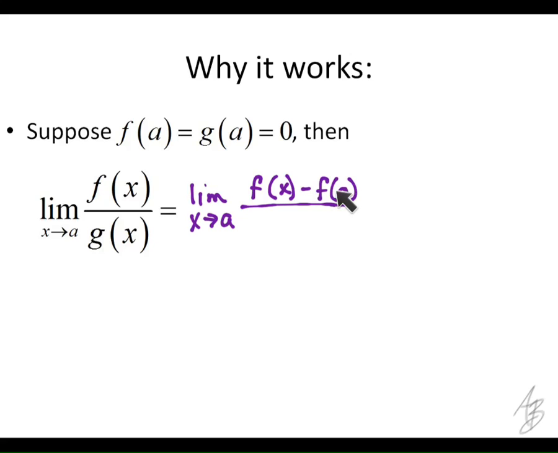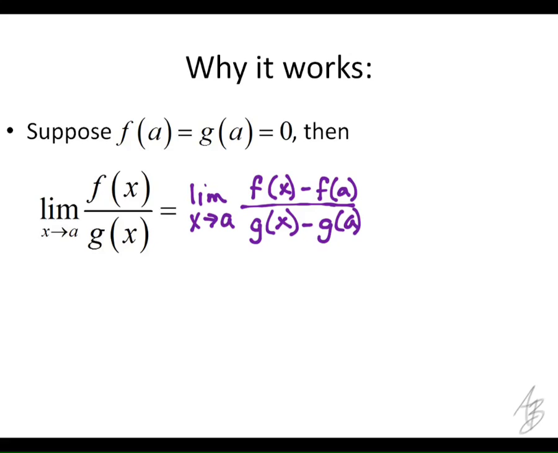I did not change the value of the numerator because we said f of a equals 0. And this is why this has to be true. This is why g of a and f of a have to equal 0, because the proof of it requires us to be able to do this. So the numerator, we're going to write f of x minus f of a. The denominator, I'm going to write g of x minus g of a.